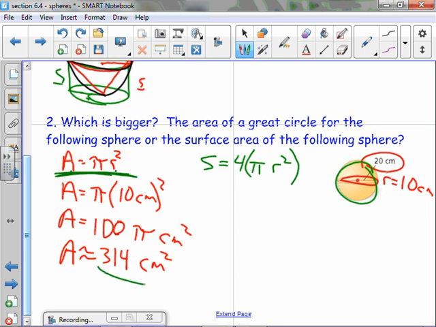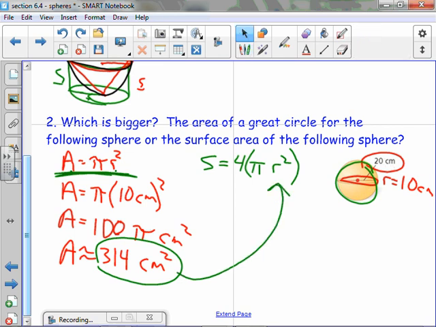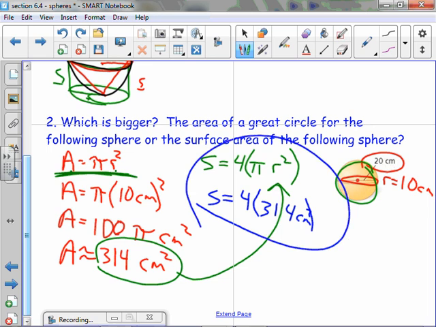So it's really this approximately 314. That goes in here. So my surface area is equal to 4 times 314, or approximately 314 centimeters squared. So which one's going to be bigger? Certainly this surface area, because it's 4 times the size. It's multiplied by 4.